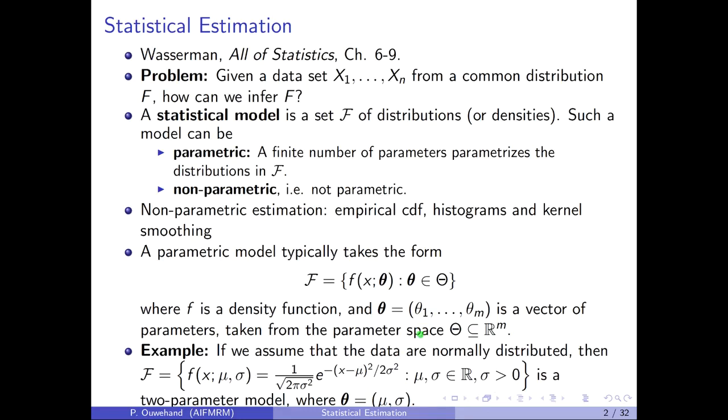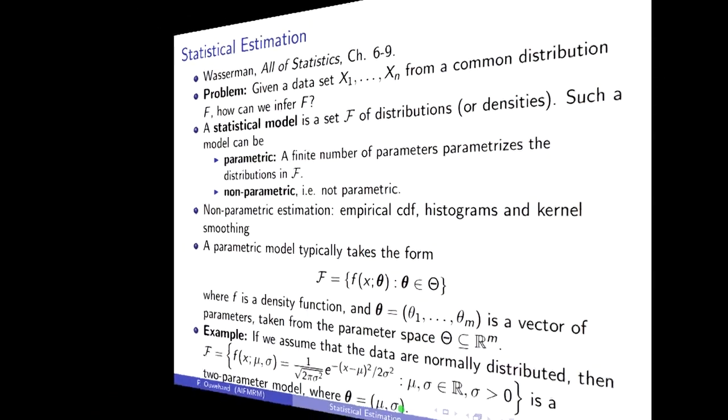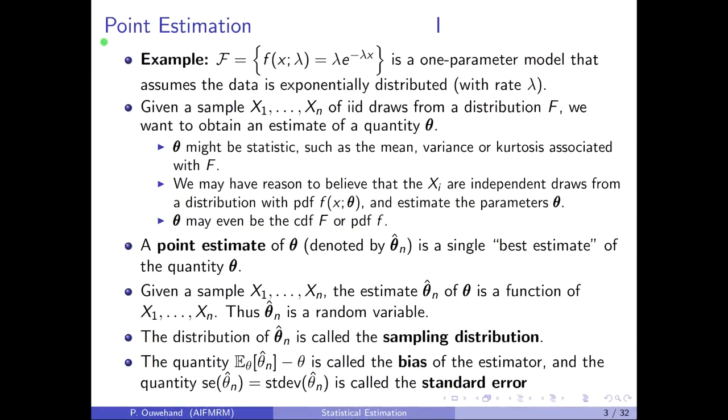In other words, theta 1 is equal to mu, and theta 2 is equal to sigma. Another example, here the collection f is the set of all exponential density functions. That's a one-parameter model that assumes that the data is exponentially distributed with rate parameter lambda. And here lambda has to be greater or equal to 0.